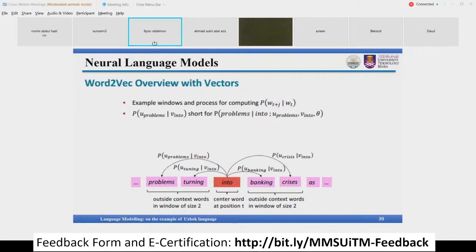Example of windows and process for computing probability with words. For example, the P of U_problems given V_into, we will calculate this probability. This is the short form for this one. Probability of these words and these words, target words and context words, and calculate.